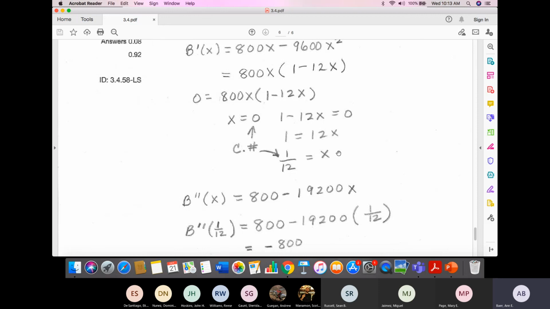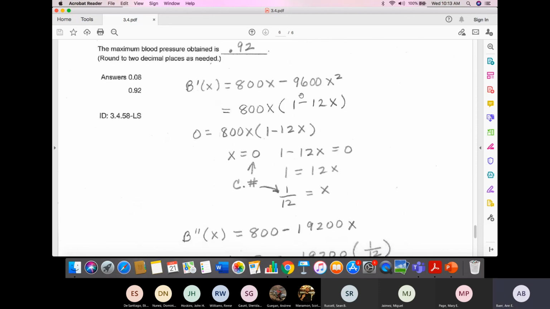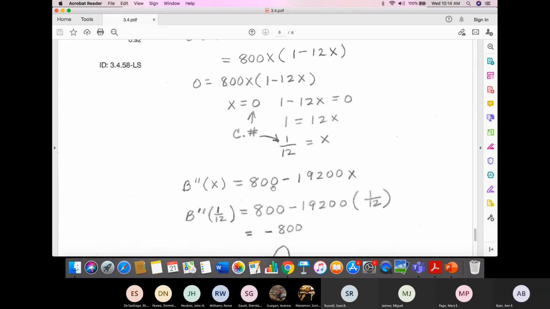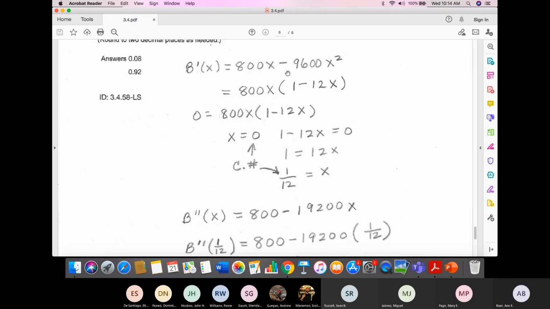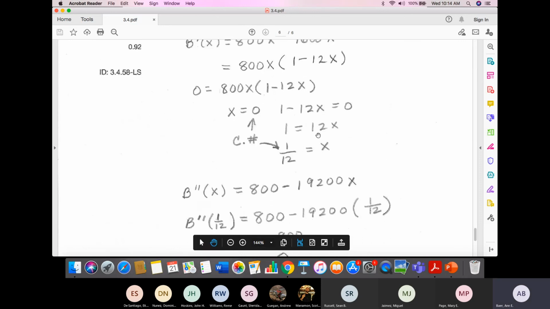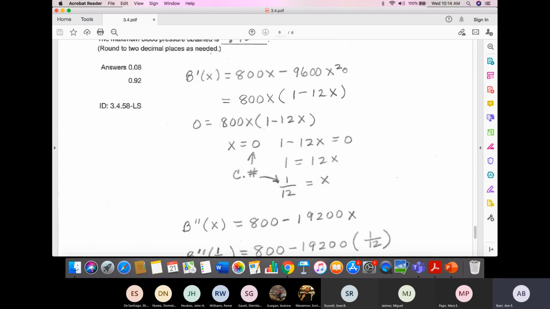So we can use maximum minimum principle number 2. Take the second derivative. Our first derivative is right here. The derivative of this term is 800. The derivative of this term, 2 times 9600, is 19,200, and then reduce the power by 1 and get x to the first.